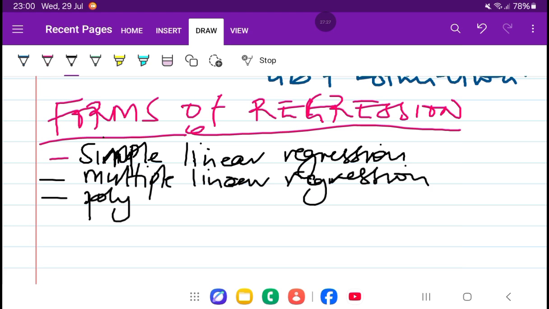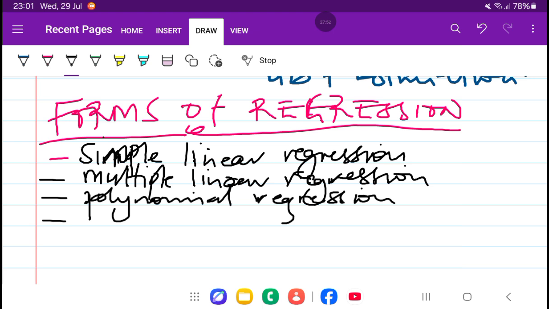We've said there is polynomial. Now this is not linear. Polynomial regression, this is a curve. All the models within the polynomial are what we call curved relationships.